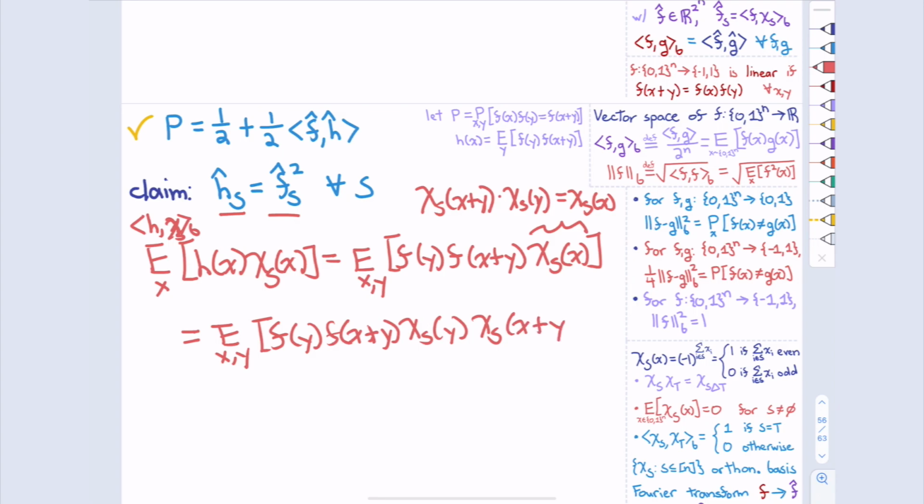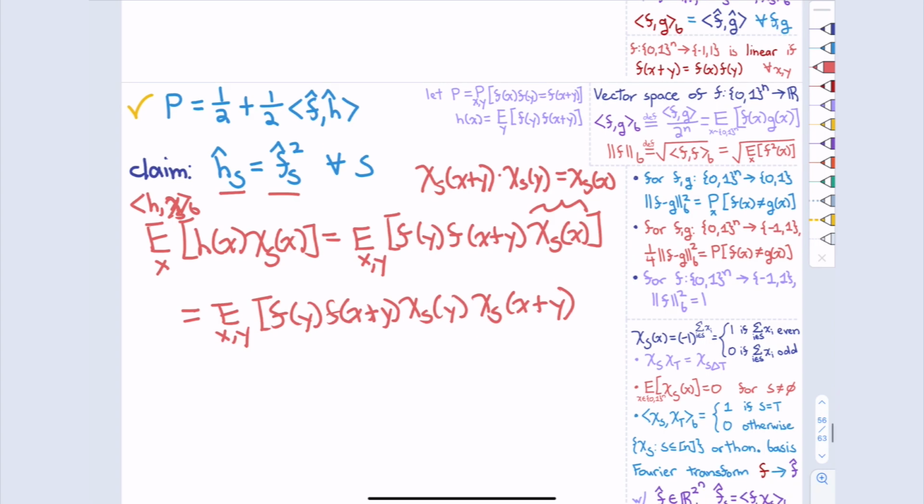So by linearity, we get this. Interesting. What's kind of cool now is that even conditional on y, so even if you fix y and then you add x, which is randomly flipping all the bits, x plus y is still effectively independent of y.